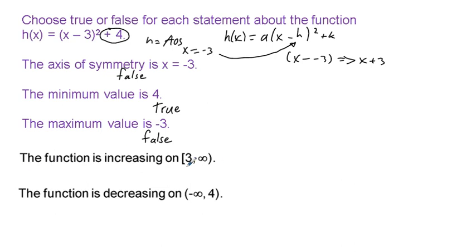Next, the function is increasing on 3 to infinity. And if we have our parabola opening upward from 3, our axis of symmetry is 3, that would be true, because at 3, comma 4 is where we would have our vertex, and from x equals 3 to infinity we would be increasing.